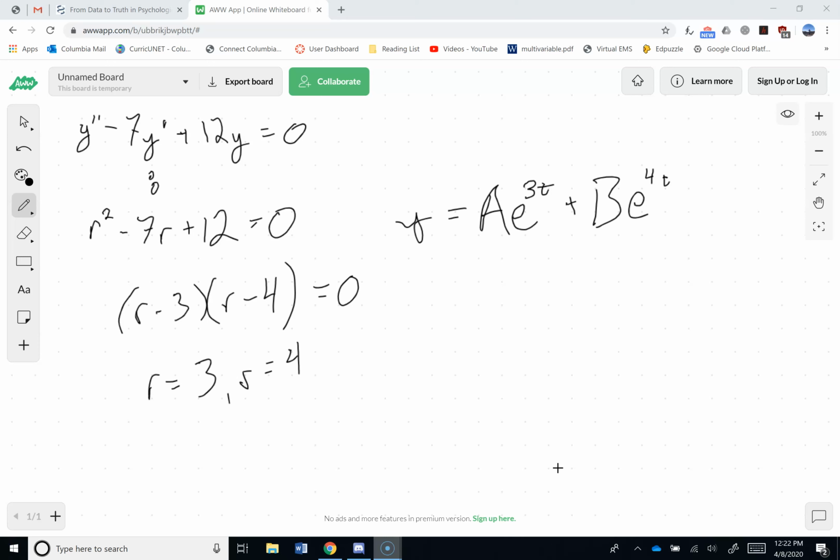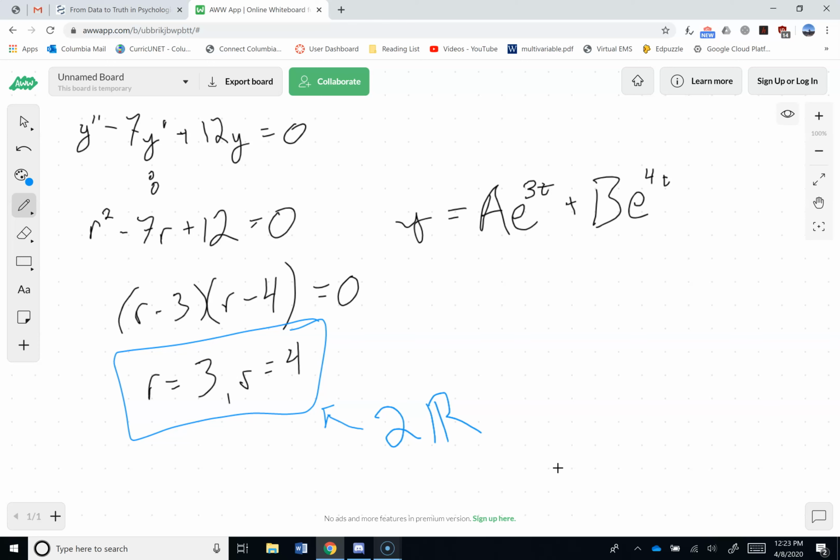All right, so I've got my homogeneous solution, which is a e to the 3t plus b e to the 4t. There are some things I can do without getting to there. Looking at which roots I have, two real roots, right? Yes.